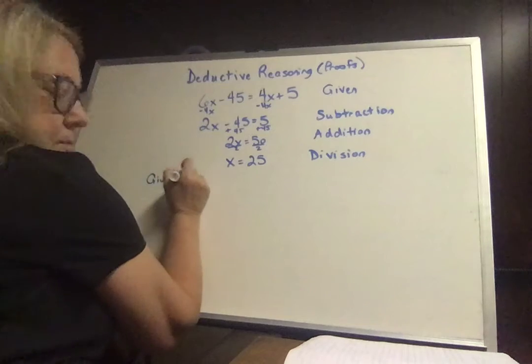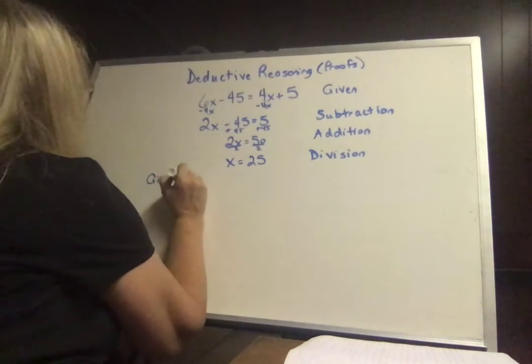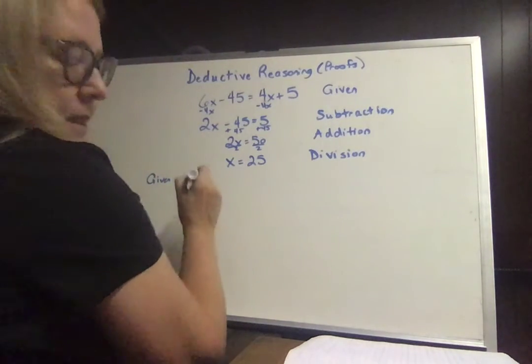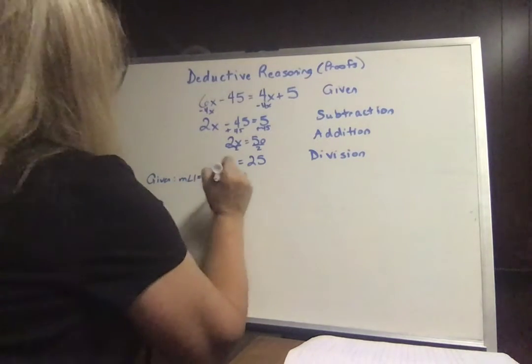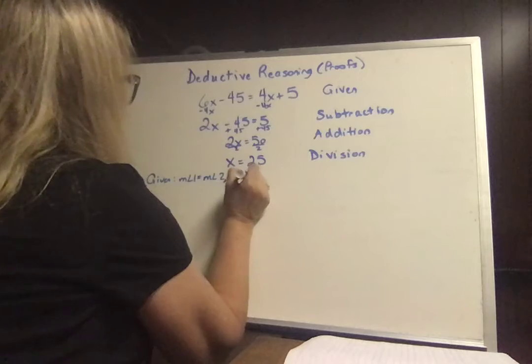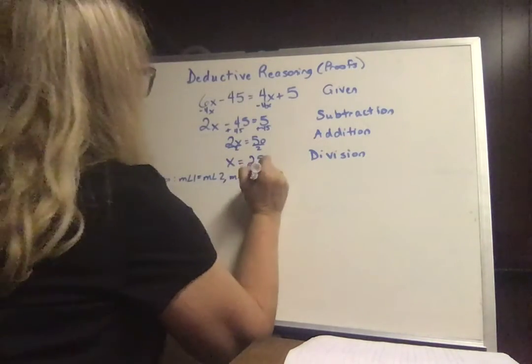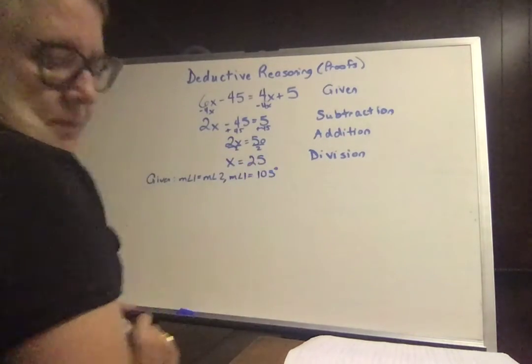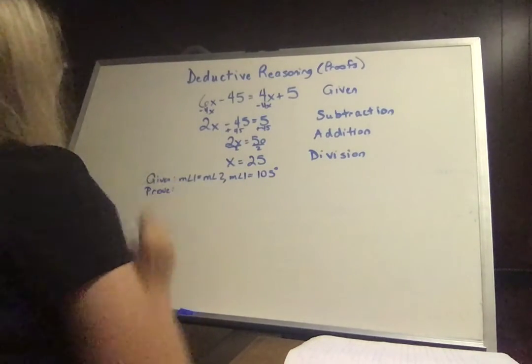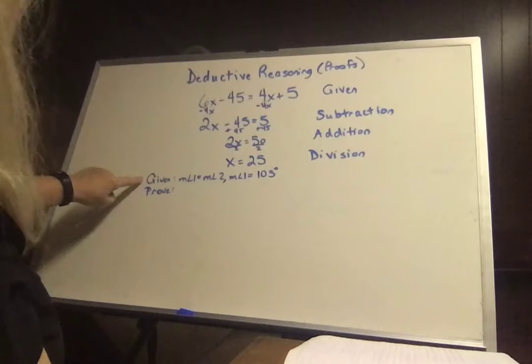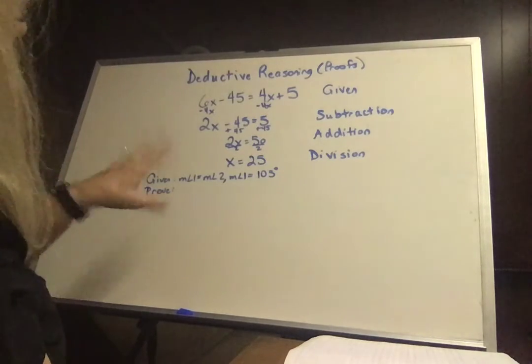Given, first step: the measure of angle 1 equals the measure of angle 2, and the measure of angle 1 equals 105 degrees. And your last step, so your law of syllogism, the first and the last, we're going to show what's in the middle.